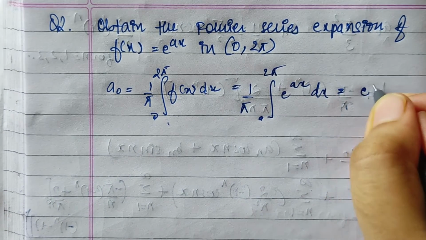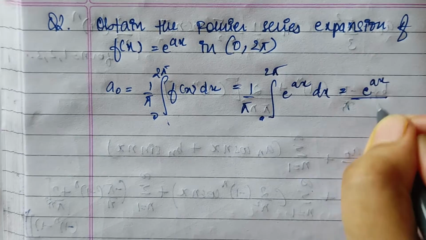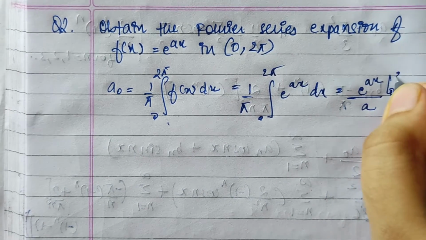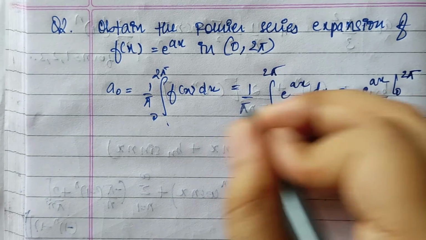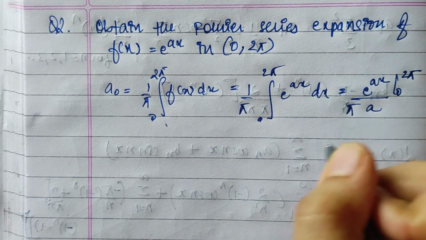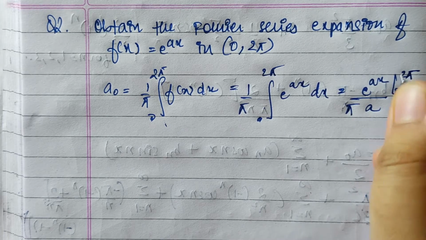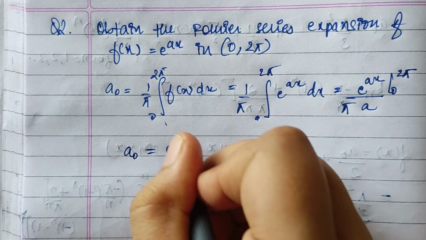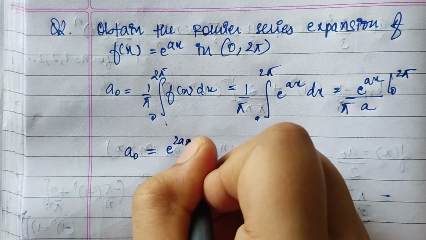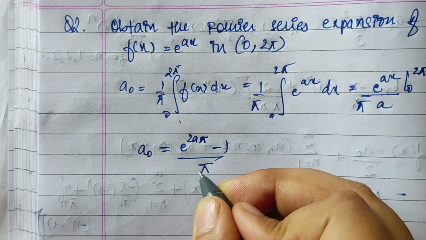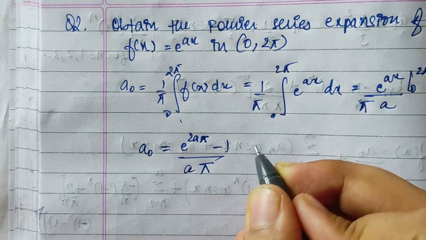Integration of e power ax is nothing but e power ax divided by a, 0 to 2 pi, and we have the pi, right? When we substitute the limits, a naught comes out to be e power 2a pi minus 1 divided by pi, and we also have the a.